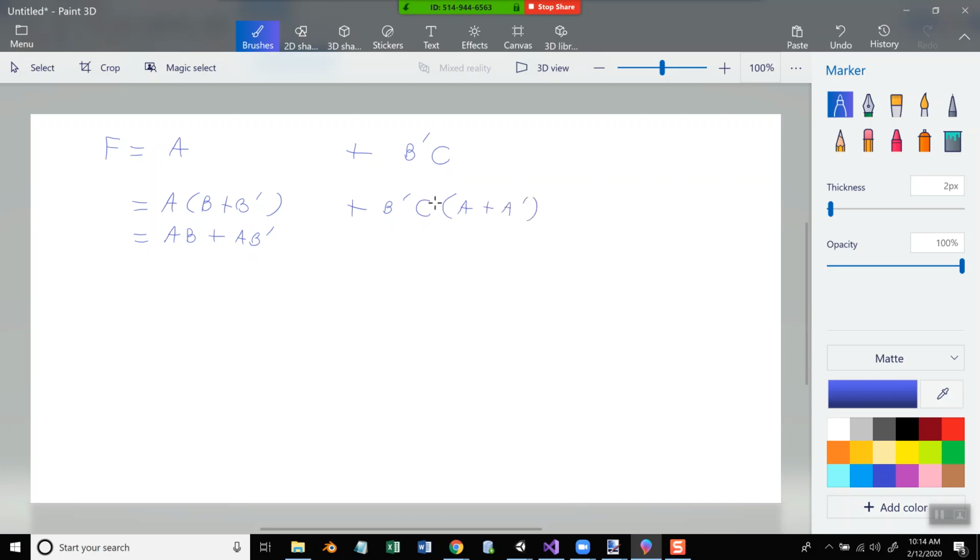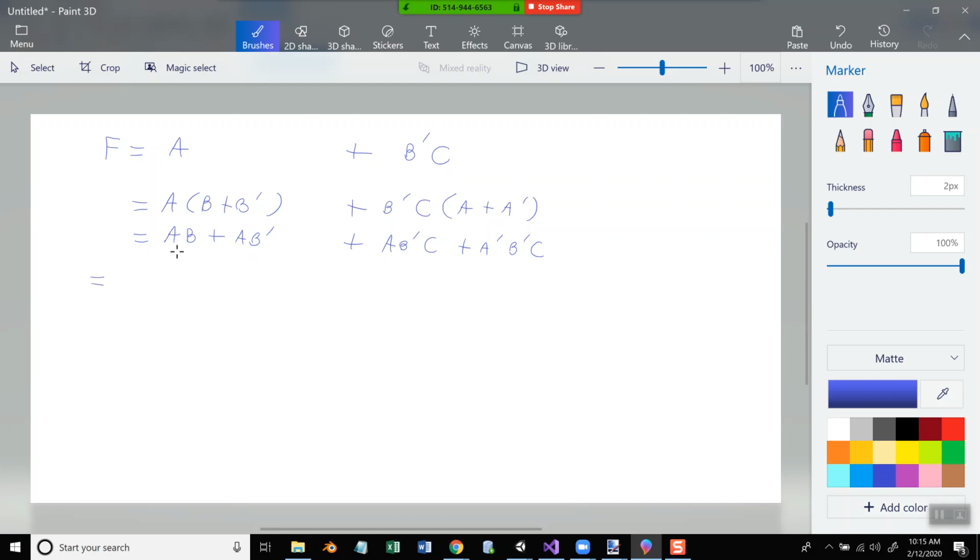To introduce an A into this term, we can do an A plus A prime, because that's equal to 1. So then if I use the distributive property again, B prime C times A gives us AB prime C. B prime C times A prime gives us A prime B prime C. Now these are perfect because both of these have A's, B's, and C's, don't they?